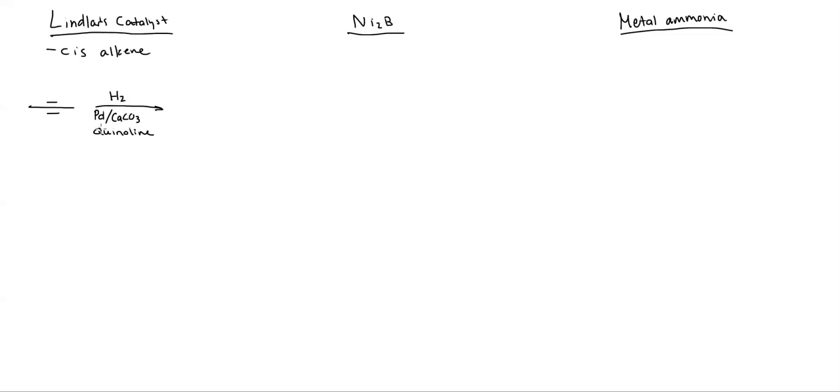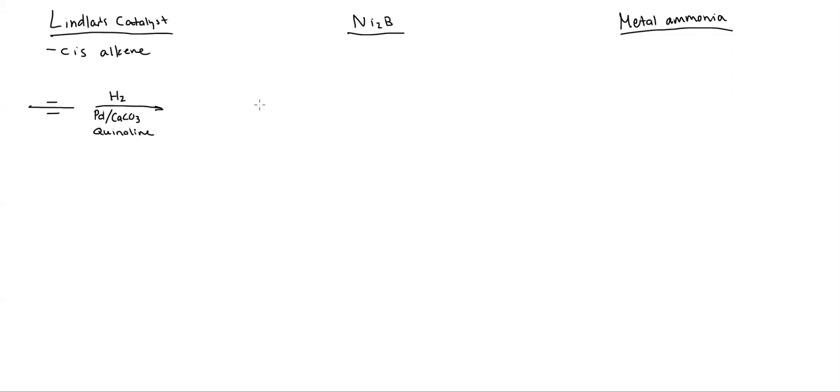This Pd over calcium carbonate with quinoline is Lindlar's catalyst. All of this is Lindlar's catalyst, so I have to have the Pd with calcium carbonate and quinoline. That's Lindlar's catalyst. And so what does this do?